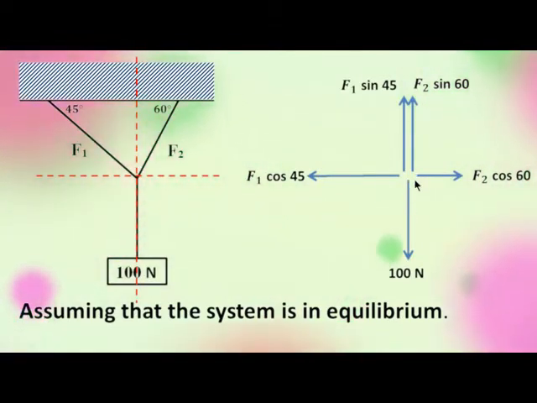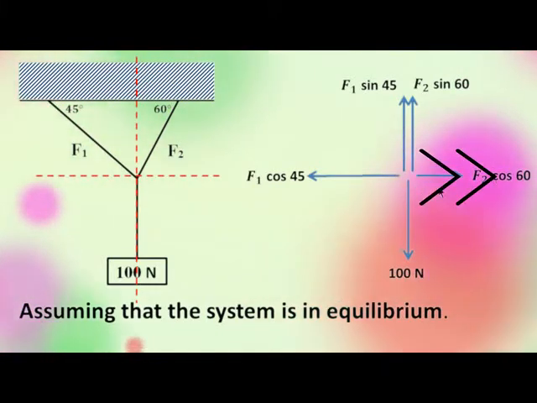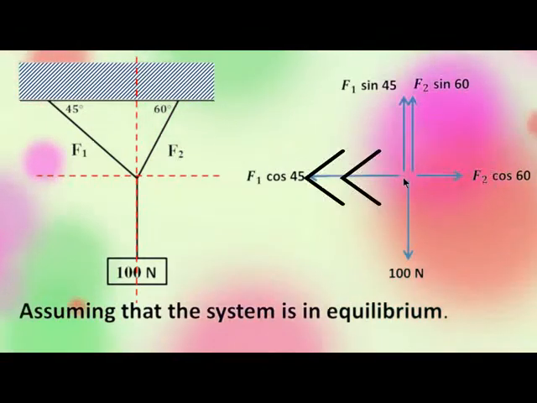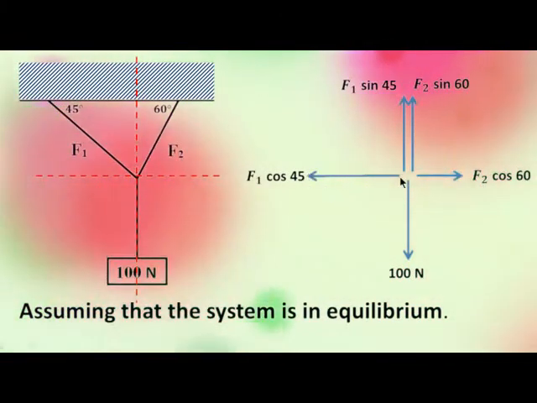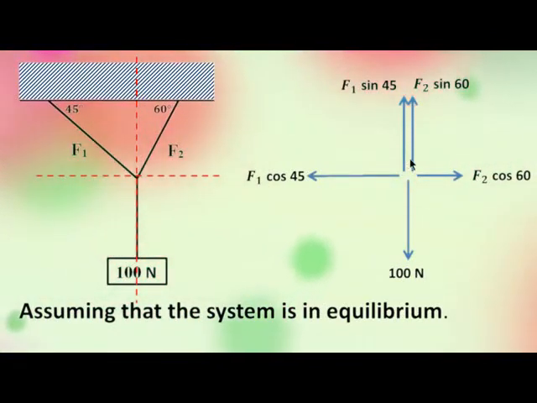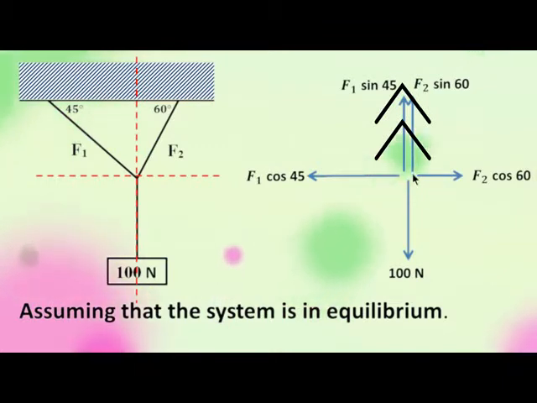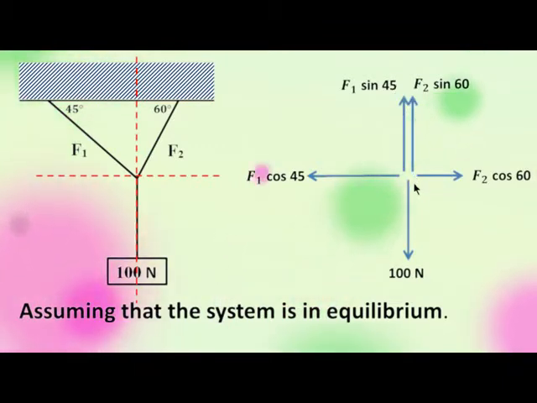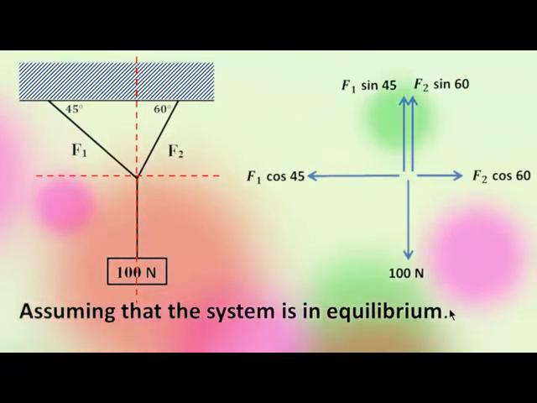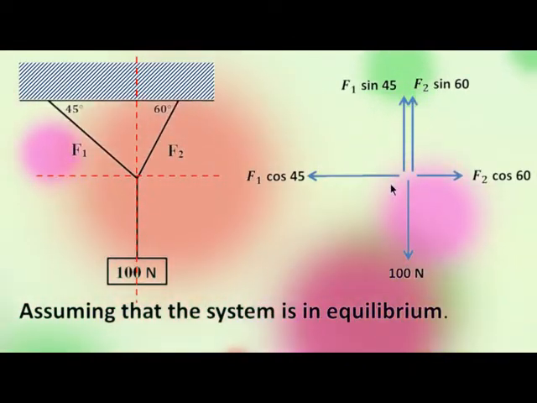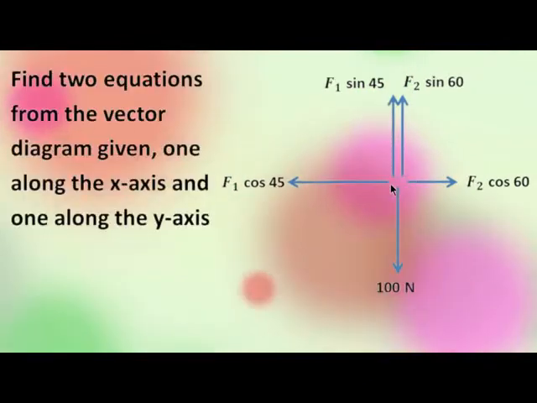It means the force acting to the right is equal to the force acting to the left, and the force acting upward is equal to the force acting downward. That's why it's called equilibrium.